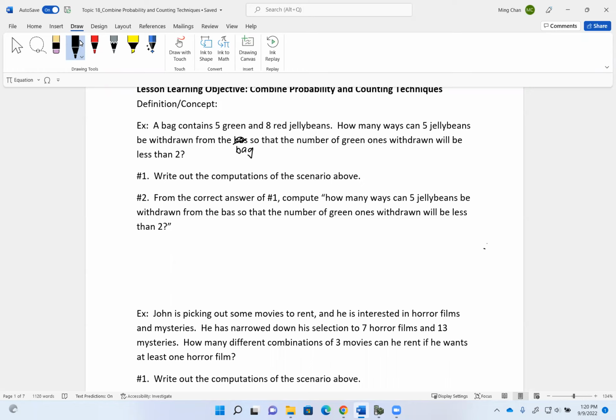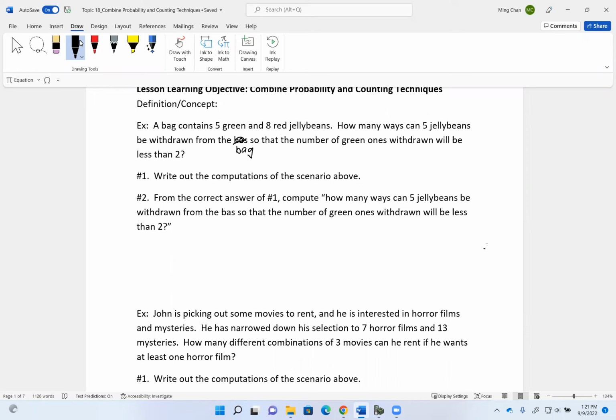Sorry about the typo. So I have a bag that has 5 green and 8 red jelly beans. I want to draw 5 jelly beans. The question is asking how many ways the green ones withdrawn will be less than 2.